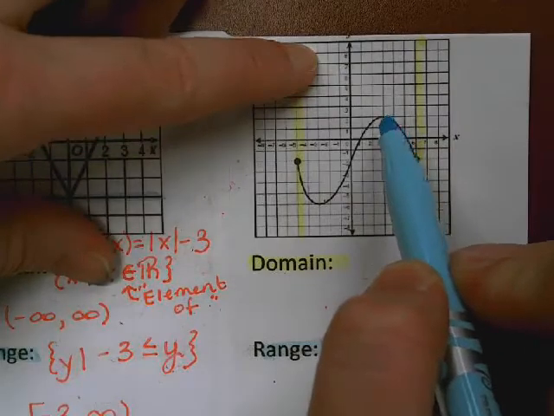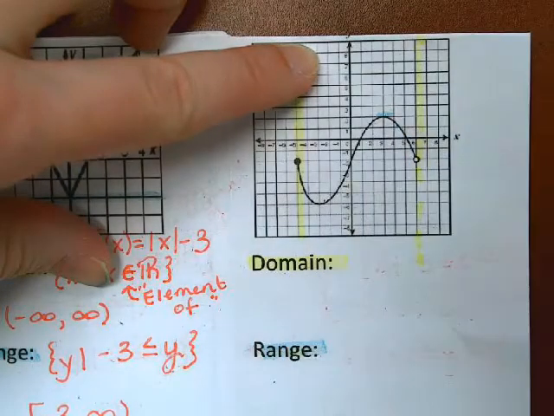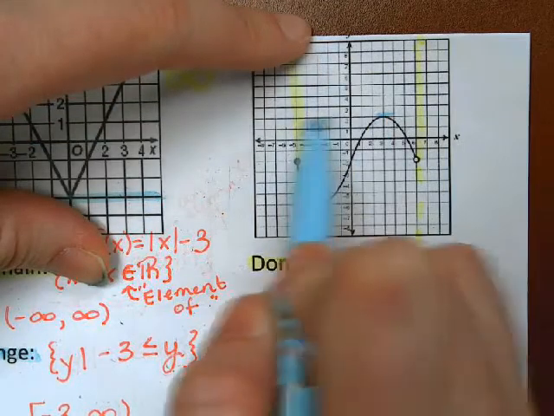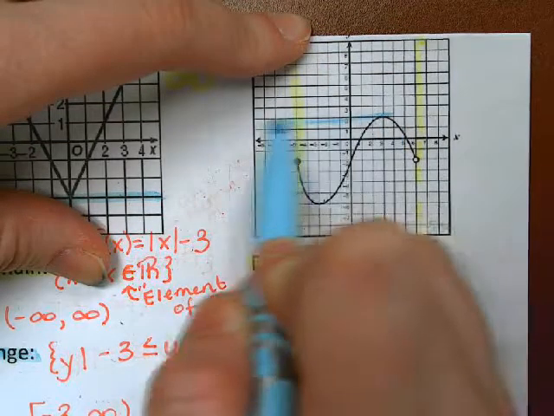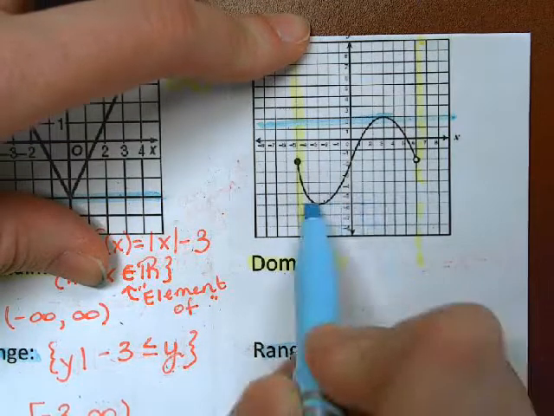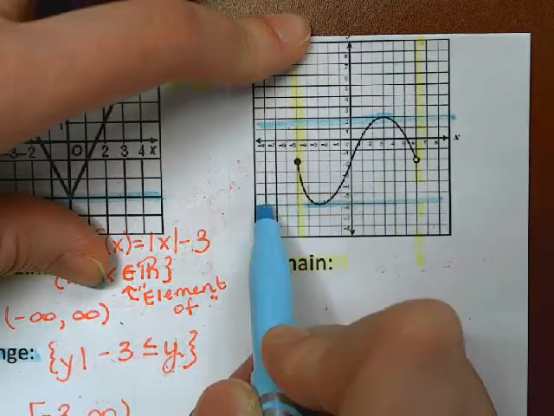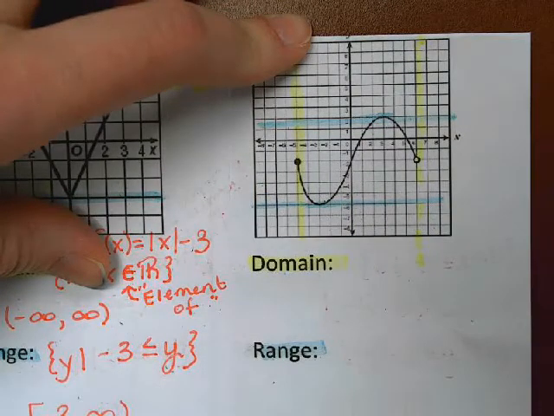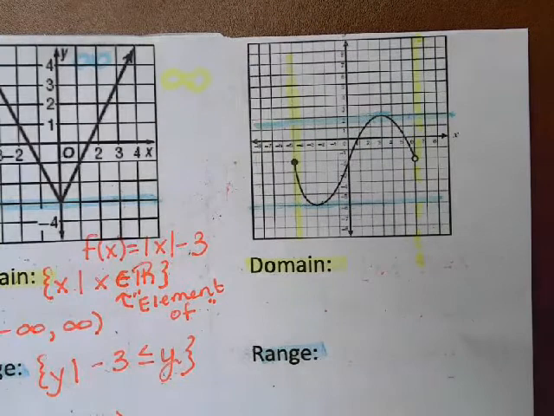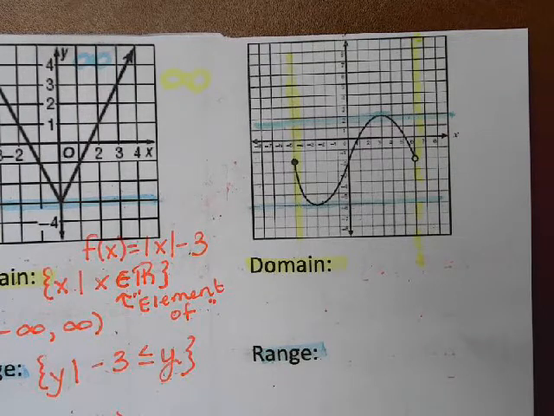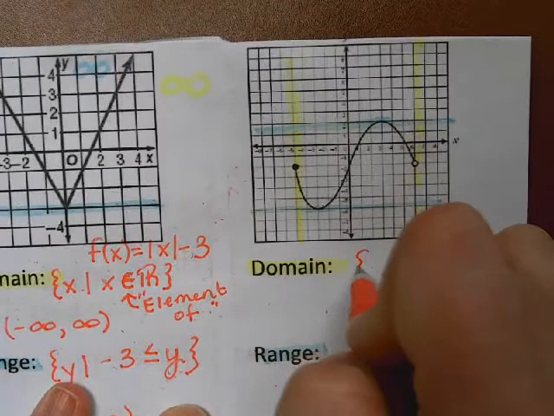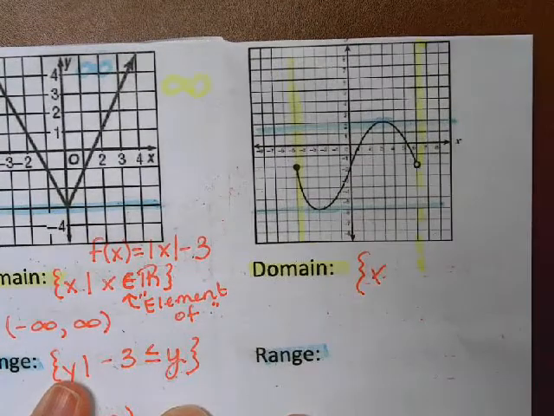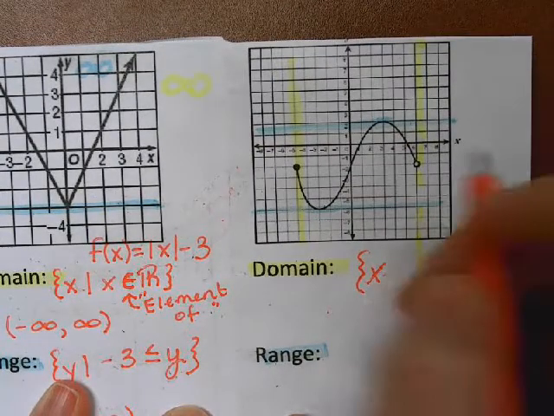And the absolute top here is the top of that line, negative 6 and 2. Those are solid lines because the graph actually hits at those lines. Does that make sense?